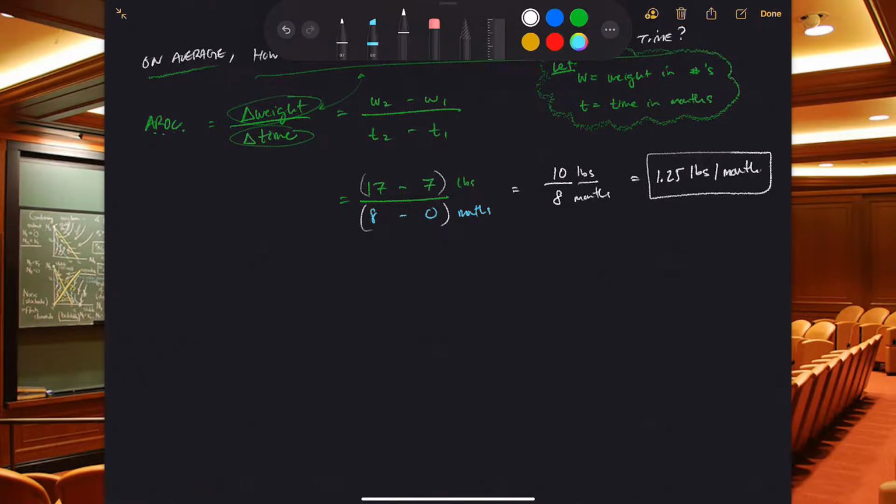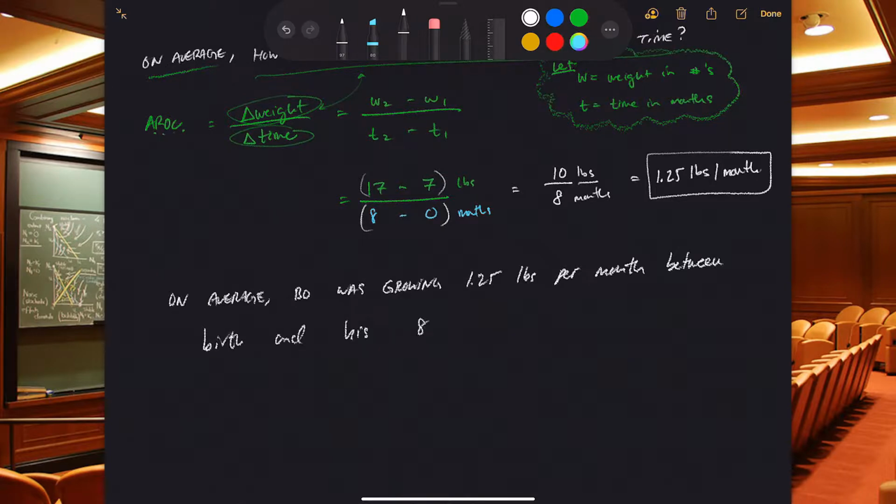So to interpret this, again, this is the calculation piece. What does this mean? We can say on average, Bo was growing 1.25 pounds per month between birth and his 8-month appointment.